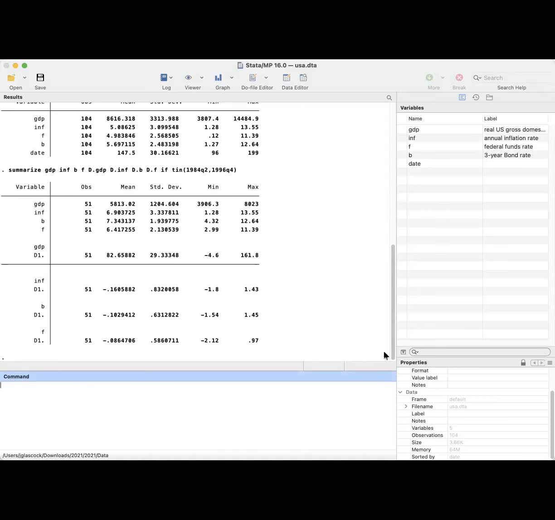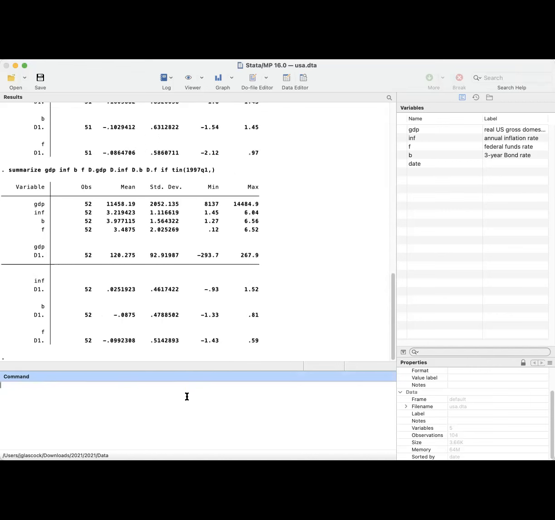Similarly, we can also request the descriptive statistics for the second half of the sample. Because it's all the way to the end of the sample, you can actually omit the last period. The system will just go all the way to the end of the data set and then stop there.